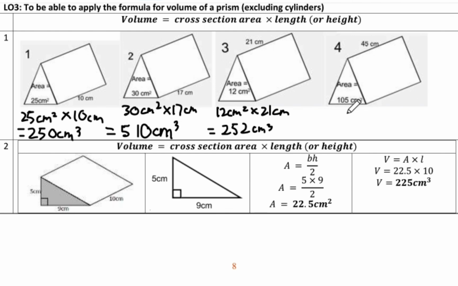And for the last prism, 105 cm squared multiplied with 45 cm would equal to 4,725 cm cube.